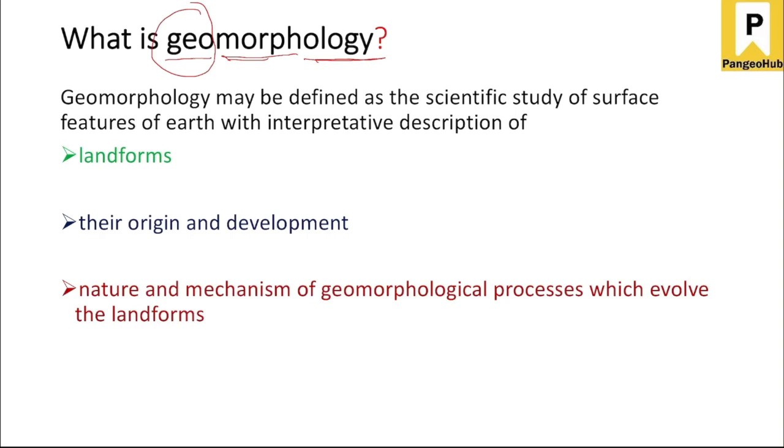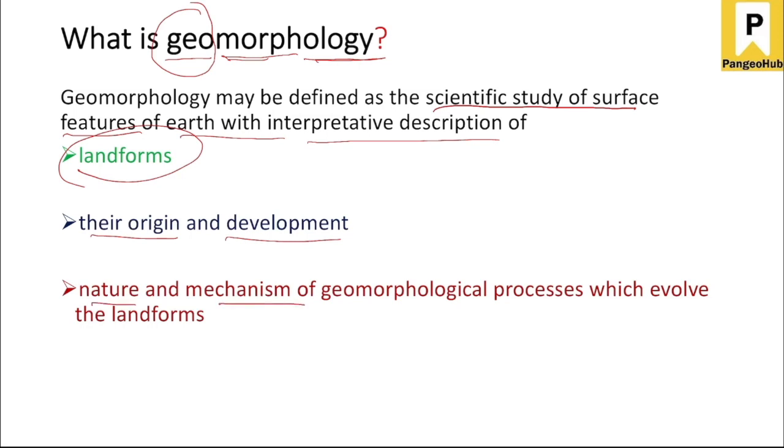If you define it, it is the scientific study of surface features of the earth with interpretive description of its landforms, their origin and development, and the nature and mechanism involved in the formation of such landforms.